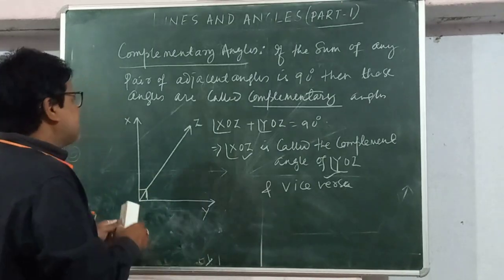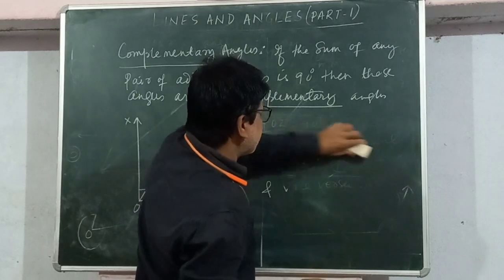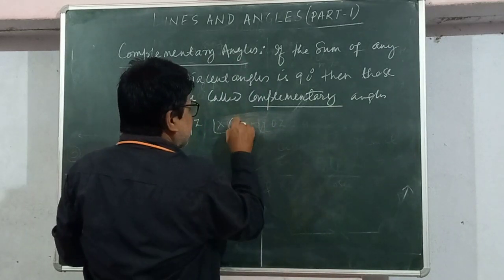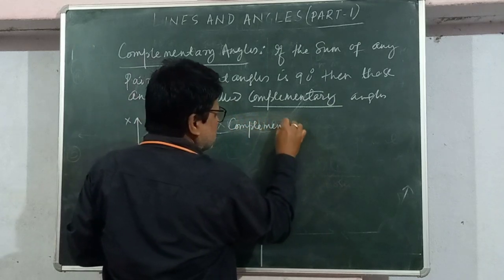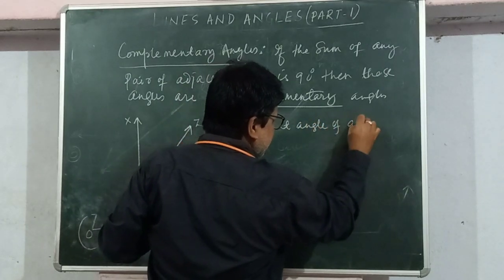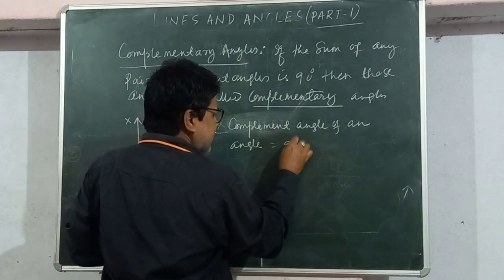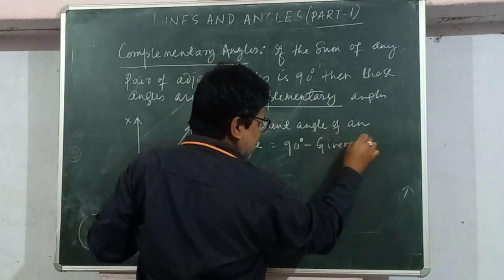Then how do we find the complement of an angle? Complement angle of an angle is equal to 90 degree minus given angle.